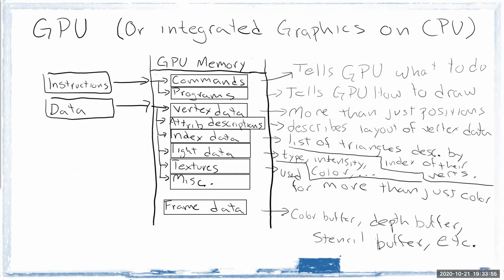It's a program that runs for every pixel that gets drawn to the frame, and it decides how the color should be decided for that pixel.